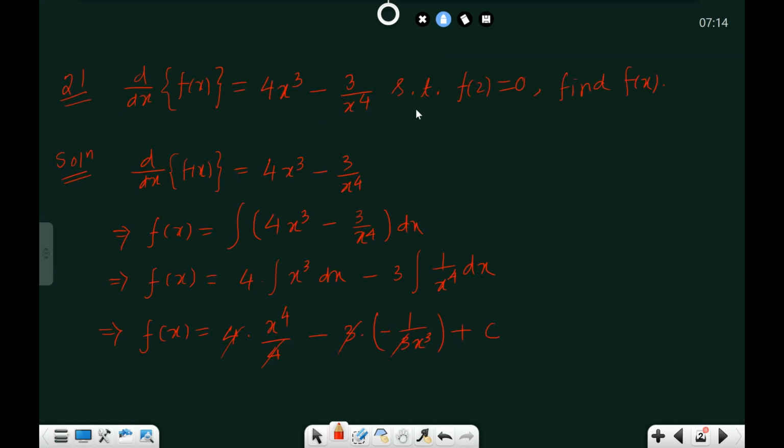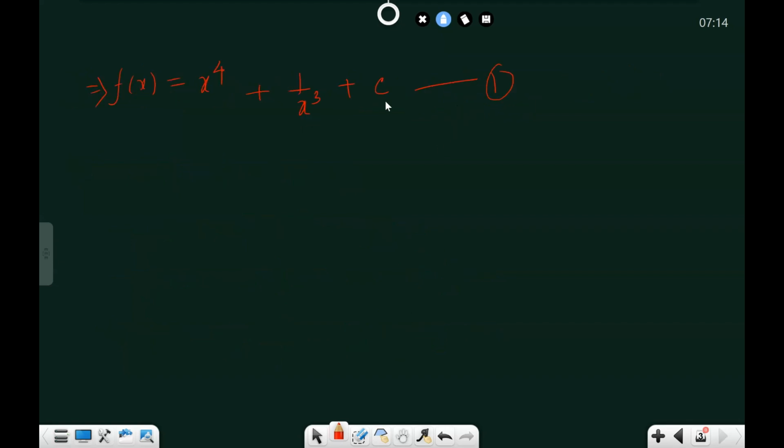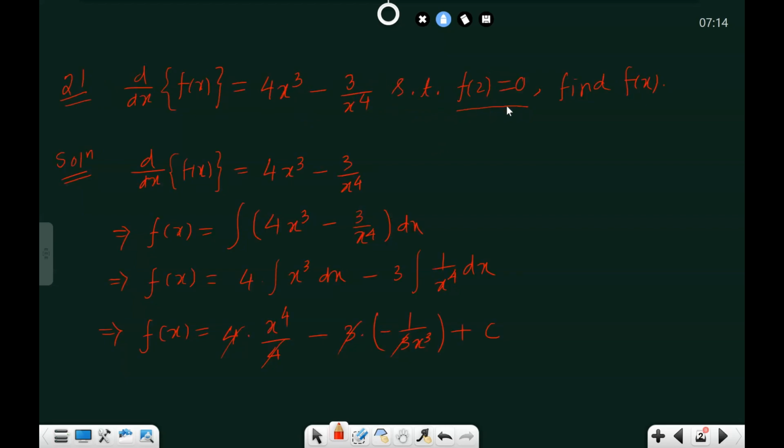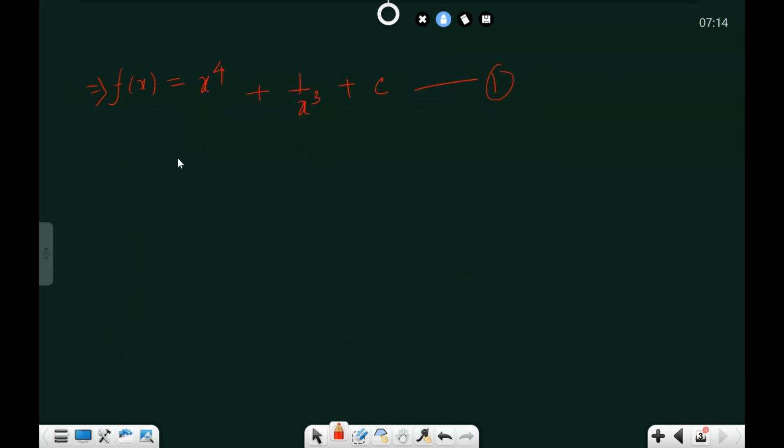Now come to the question again. There is a condition given, f(2) is equal to 0. So using this condition in this equation, I can find the value of c also. Just replace x by 2. So I will have 2 to the power 4 plus 1 by 2 cube plus c, and this is equal to 0.